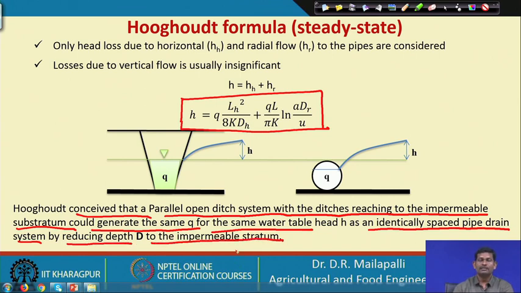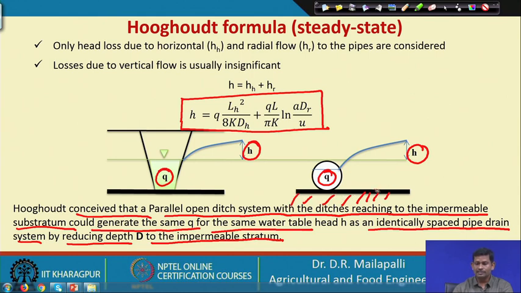So, here, in order to convert the open ditch system to a pipe drain system, or the pipe drain system to an open drain system, what he assumed is that for the same hydraulic head and same discharge, it is possible when the pipe drain is installed at the impervious layer.